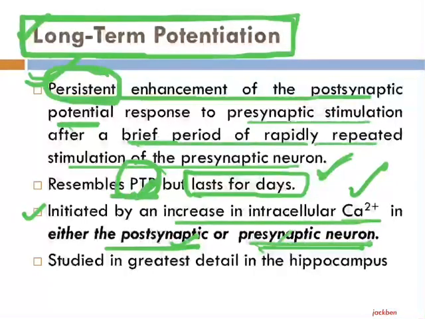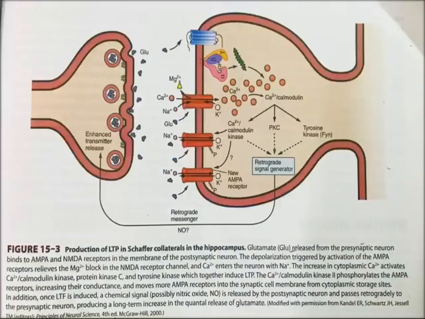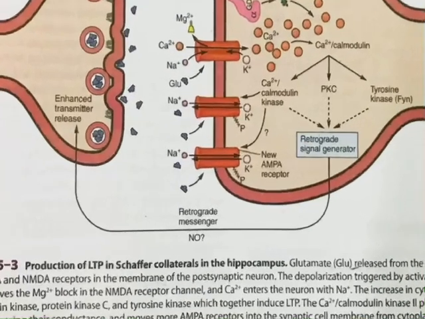And this long term potentiation was studied in greater detail in the hippocampus, at a certain pathway that is called the Schaffer collateral.